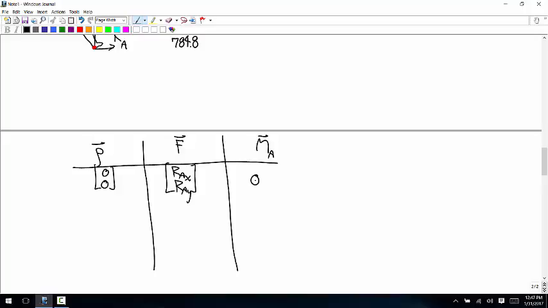When I do 2-dimensional problems, I'm going to start writing it in shorthand like this. That's really the z component of the moment, and this is really 0, 0, 0, RAX, RAY, 0. But the only non-zero component of a moment in 2D is the z component, so I'm just going to write that.